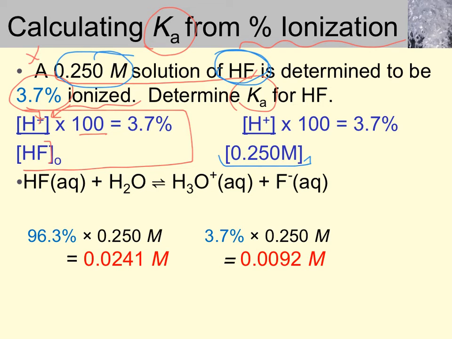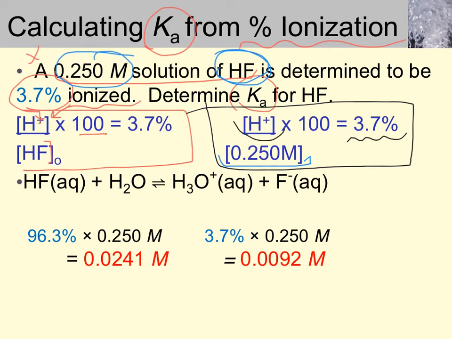And we were told that this acid ionizes 3.7%. So this is the information we know. What do we not know from this formula? Well, the only information we don't know is the hydrogen ion concentration. So let's go ahead and simplify this to solve for the hydrogen ion concentration.